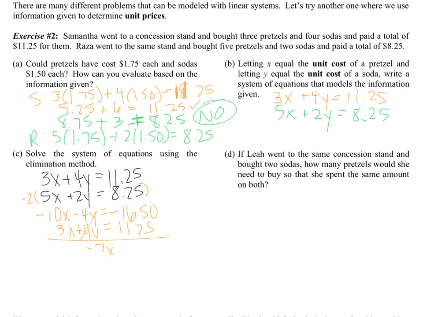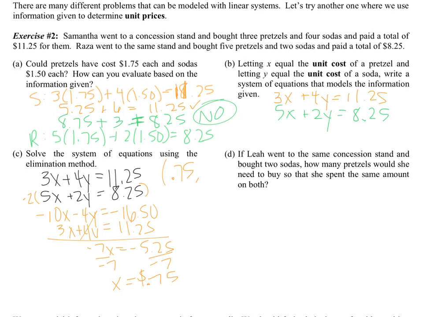We have negative 7x equals negative 525. Divide both sides by negative 7. And your pretzels cost 75 cents. So our x is 0.75.